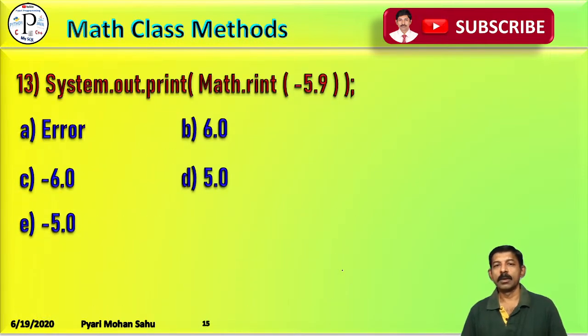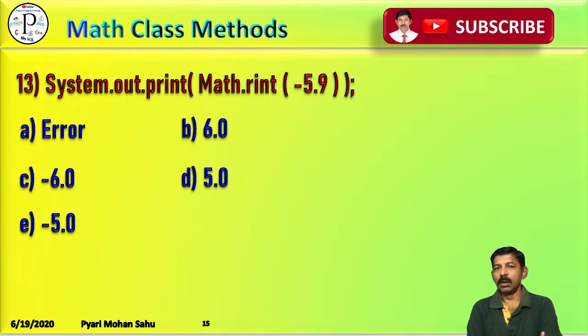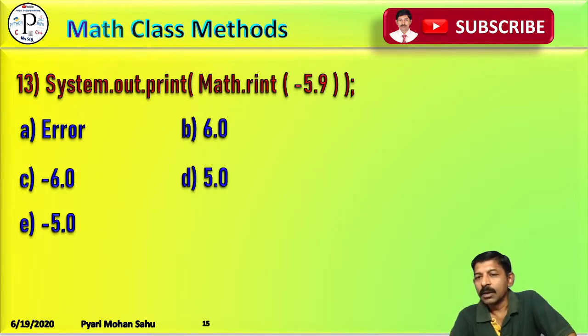Good explanation. This one, minus 5.9. Minus 5.9, with reason. 13C. C is minus 6.0. Everyone's answer is C. Sai, Shubhankar, where did it come? Okay, wrongly typed. Okay, fine, got it. 13C. C. Rajalakshmi, only you have given one answer.